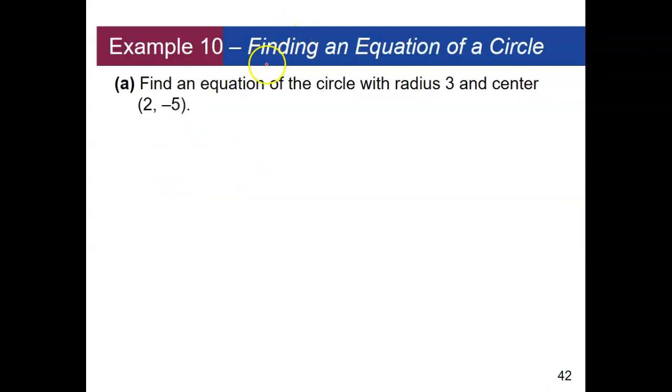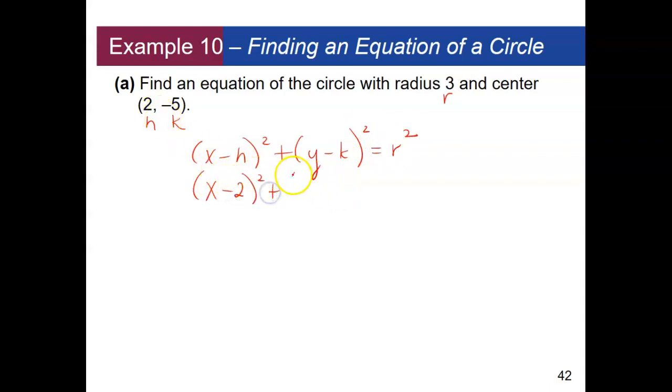Okay, we want to find an equation of the circle with a radius of 3 and a center of (2, -5). So this is going to be my h and my k and my r. It's really just a matter of plugging it into this equation for the circle. So we'll have x minus h, which is 2, and then y minus k, which is -5, and then r is 3.